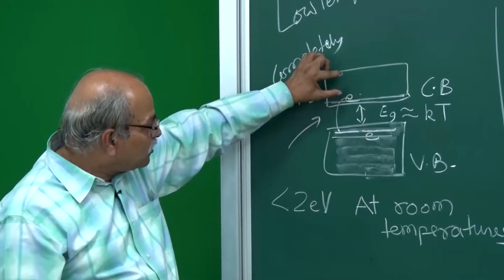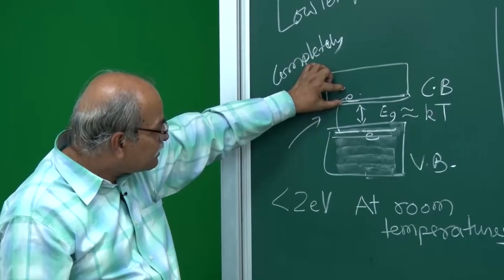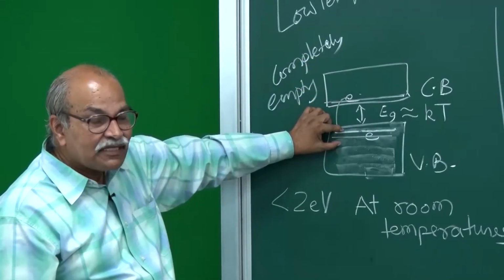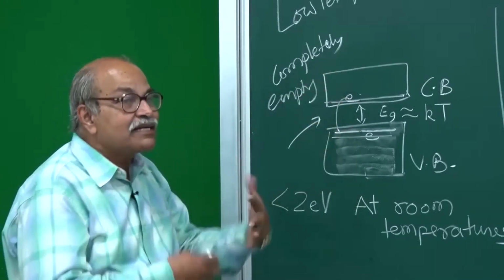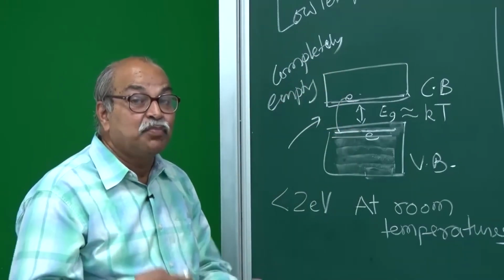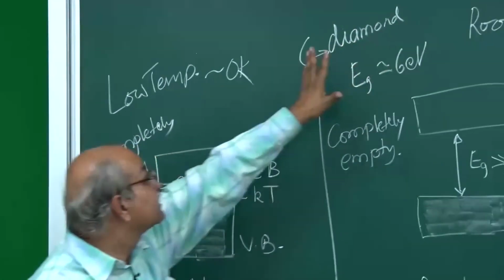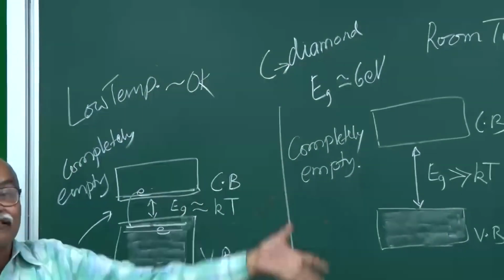So, because of the electrons in the conduction band and because of the empty states in the valence band, both ways some electric conduction is possible if you apply an electric field, if you connect that system to a battery.